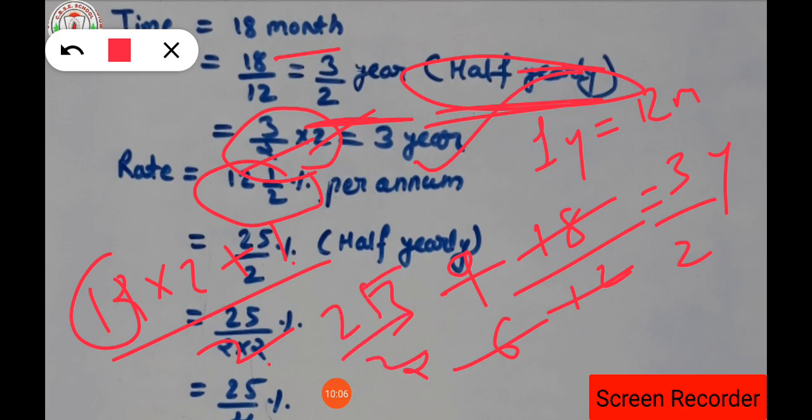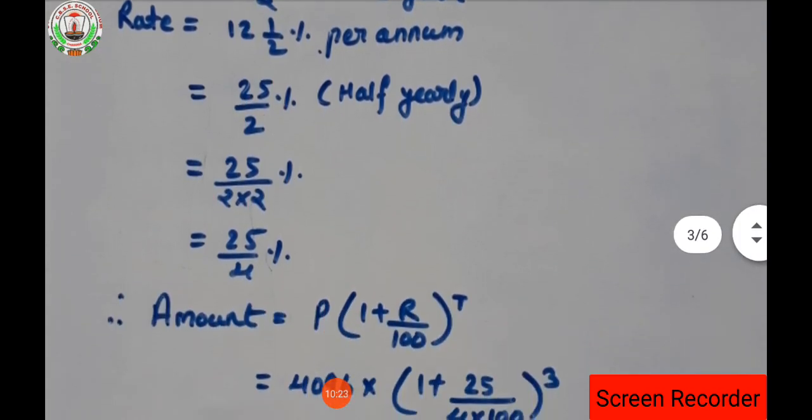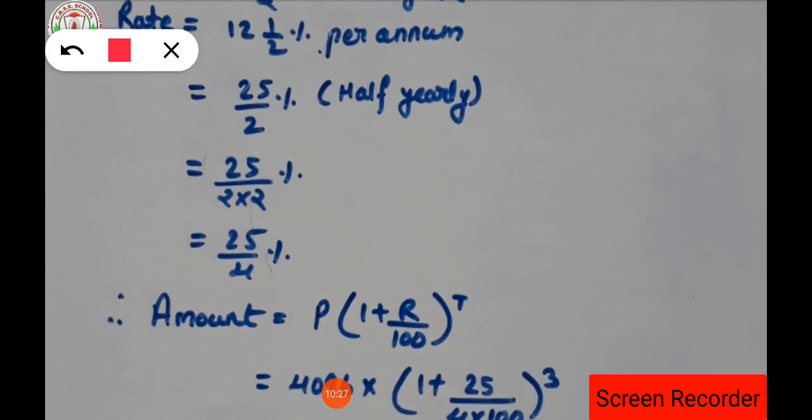As we know that it is compounded half yearly, the rate will be half. So 25 upon 2 will be divided by 2 itself. Not multiplied, it will be divided. Since the time becomes double and the rate becomes half, the rate we are having is 25 upon 2%, and since the rate is becoming half, it will be divided by 2.